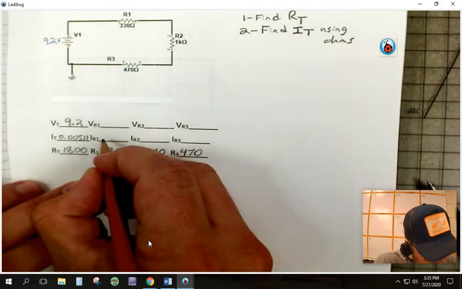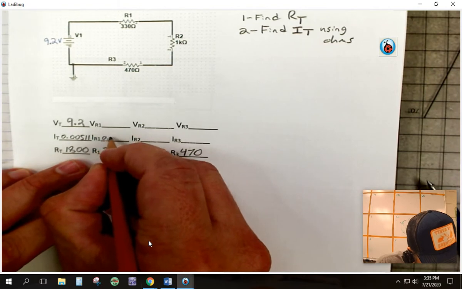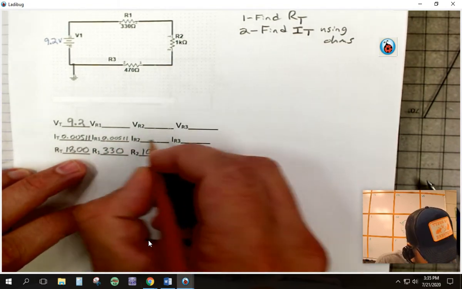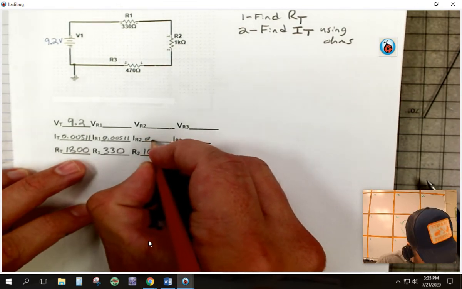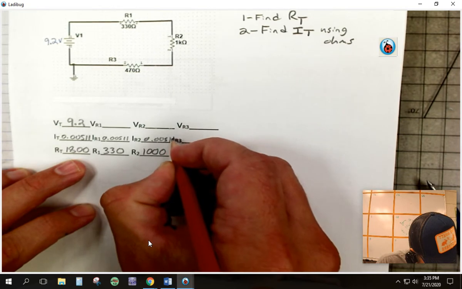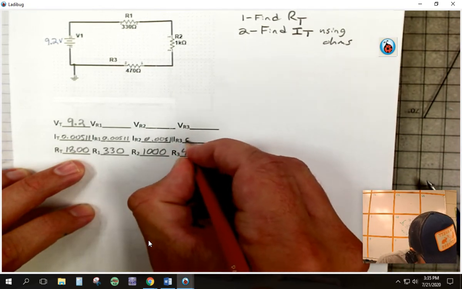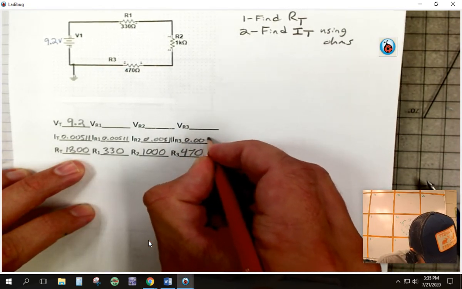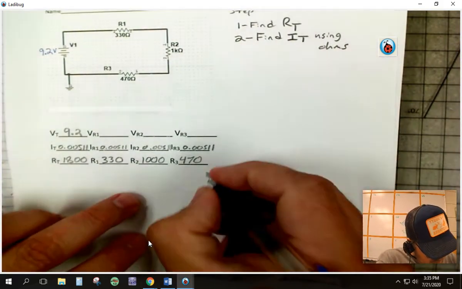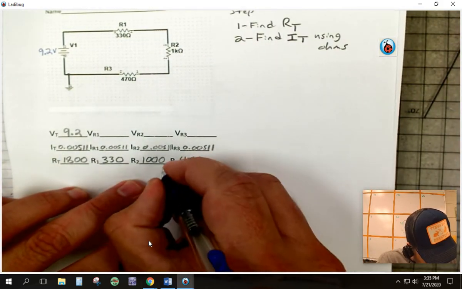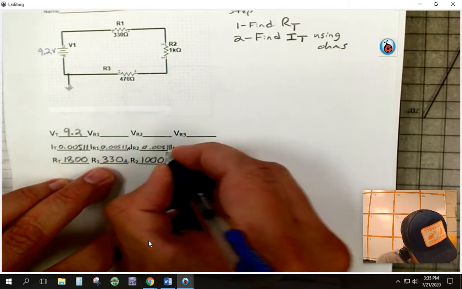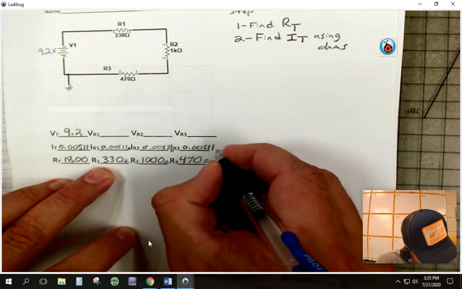So I can write that 0.00511 down at each place. My pencil's getting a little bit dull. And that would be in amps. If you wanted to have them show their units, these would all be ohms, which is a good practice to get into. This would all be in amps.